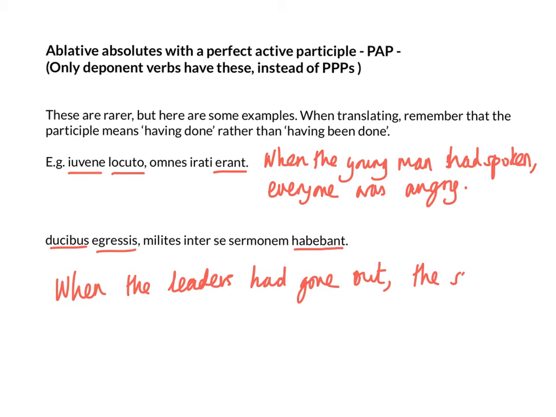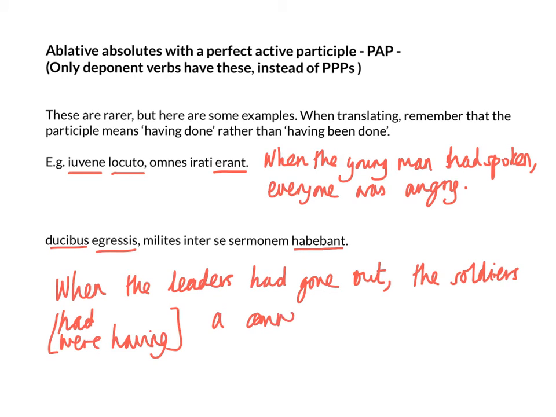The soldiers. I can say happy with had. You might want to say were having, but it's not quite such good English. But both of these are correct. A conversation. And if you didn't know the word sermonis, it means a conversation or a talk. Think of the English word sermon, for example. Inter se, among themselves.